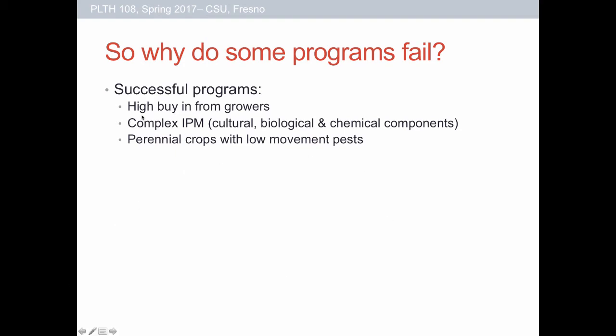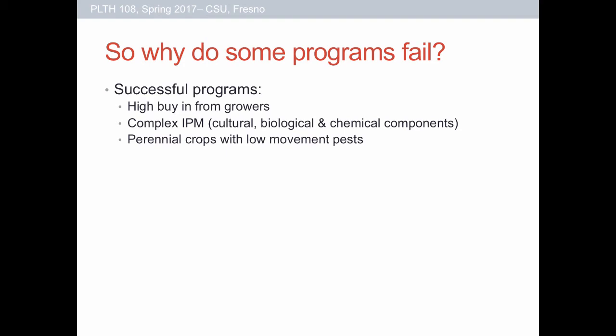The first one, which sounds like area-wide control, is that you need high buy-in from growers. It doesn't do you a whole lot of good to do IPM if your neighbors aren't, because you might be reaping personal benefits from rotating your modes of action, but if everybody around you is spraying the same chemicals over and over again, they're just going to select for resistant pests that will move into your field later.